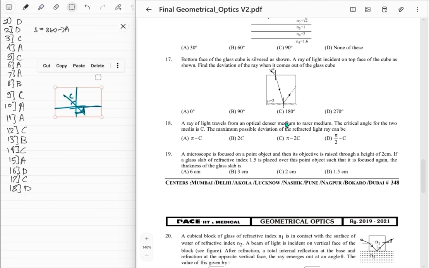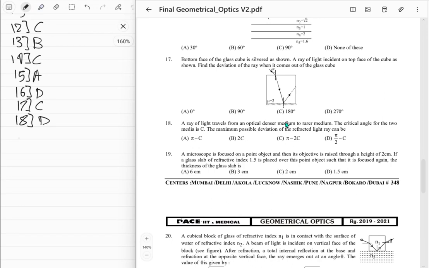19th. Microscope is focused on a point object and then its objective is raised through a height of 2 centimeter. Okay, if a glass slab of refractive index something is placed, what? Microscope is focused on a point object.